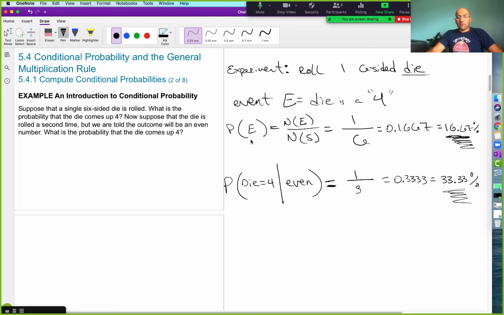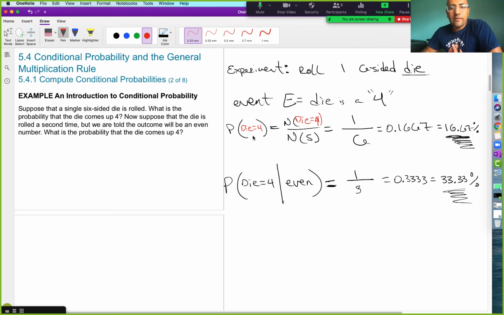Originally, that was the probability that we roll a 4, and event E was die equals 4. So I really should have introduced this E thing and made it a little easier. So let me just put it this way: this is die equals 4.